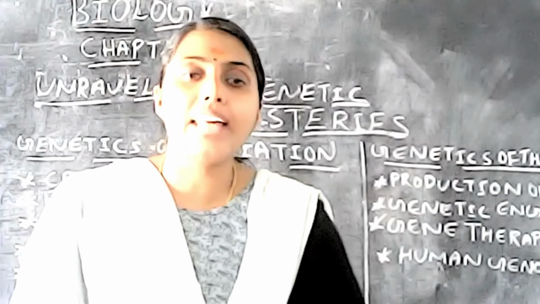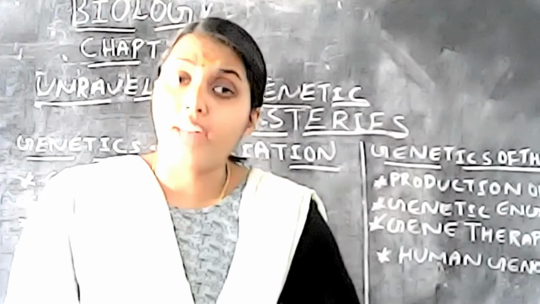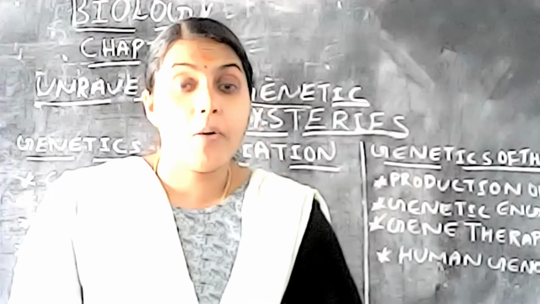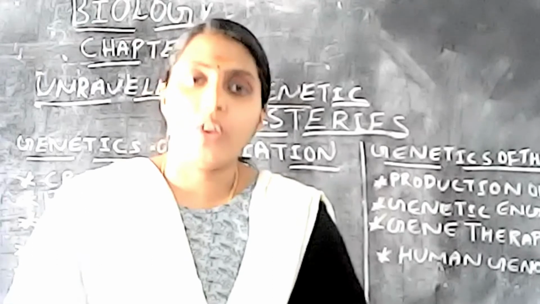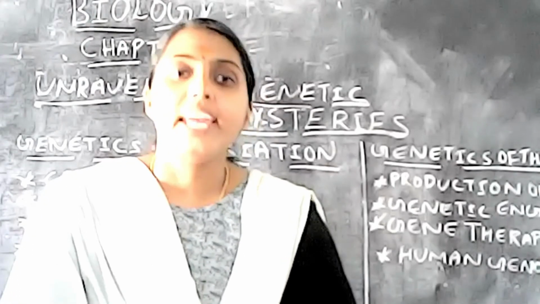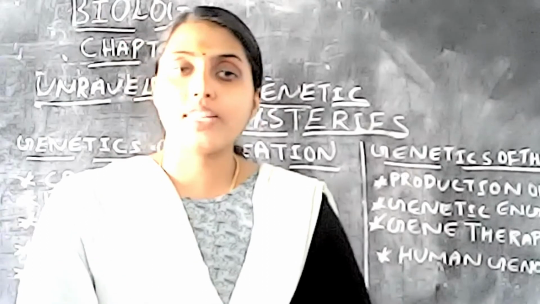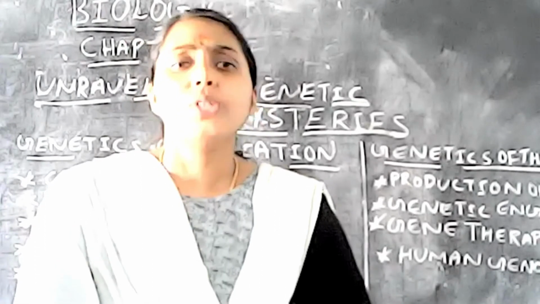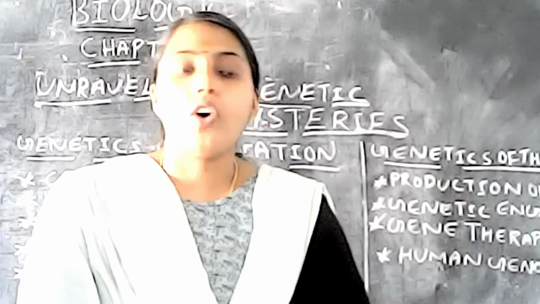If the melanin content is more in our body, we will be dark in color. If it is less in our body, we will be fair in color. And that melanin pigment concentration is controlled by a gene in our body. So that gene controls the presence of melanin pigment in our body, and according to that, our skin color will be fair or dark.